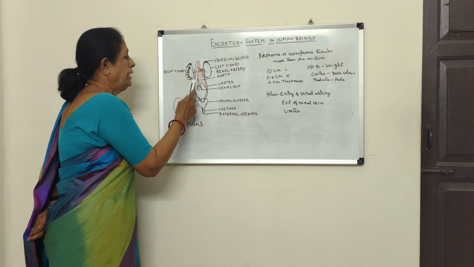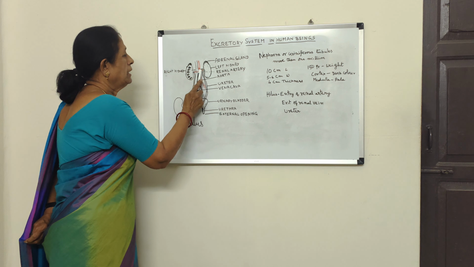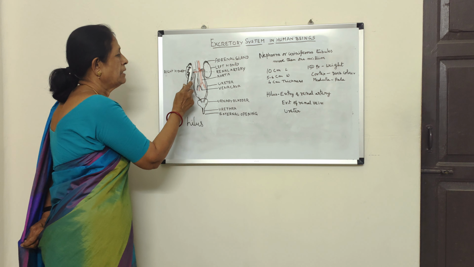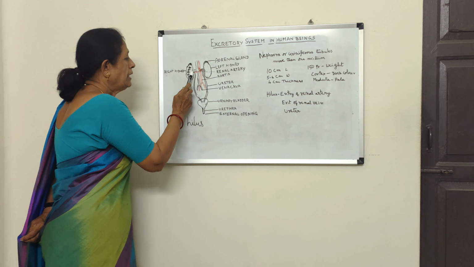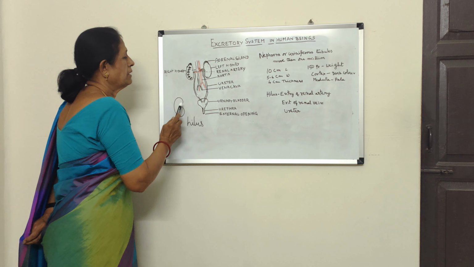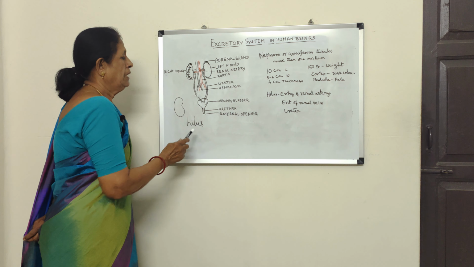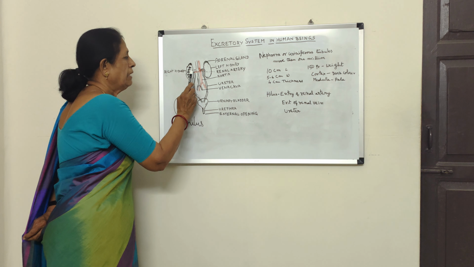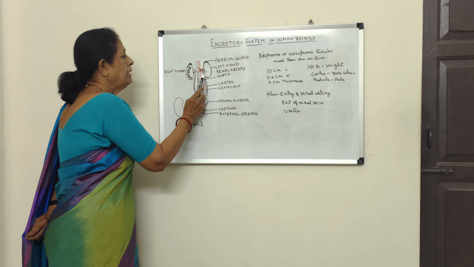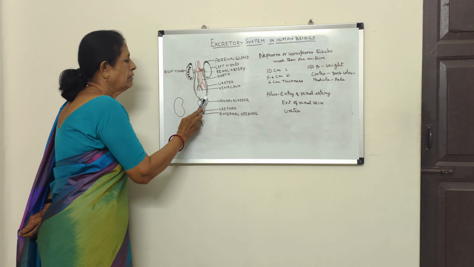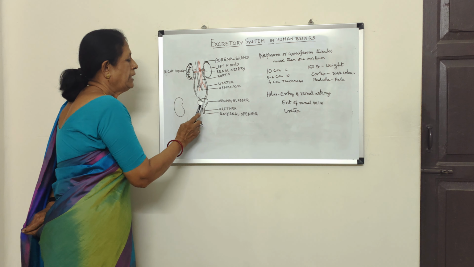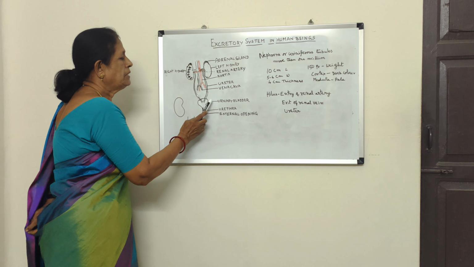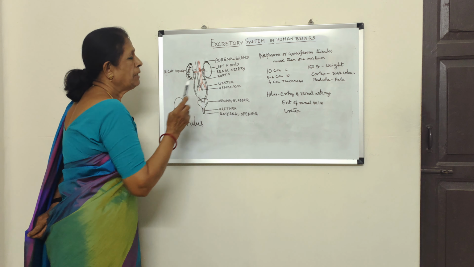So this is the hilus opening through which the renal artery enters and the renal vein exits, and a tube-like structure called the ureter. Each ureter comes out from each kidney, that means the right ureter and the left ureter. They extend down and enter a sac-like structure called the urinary bladder.